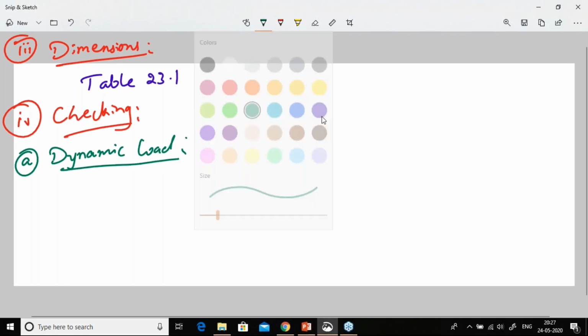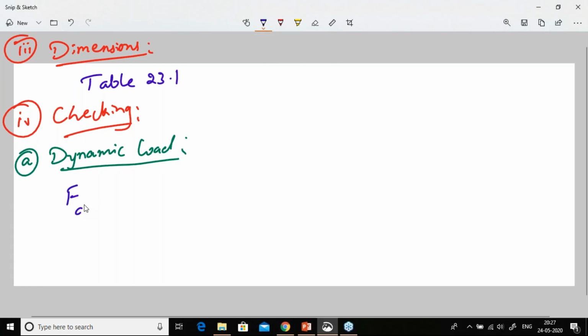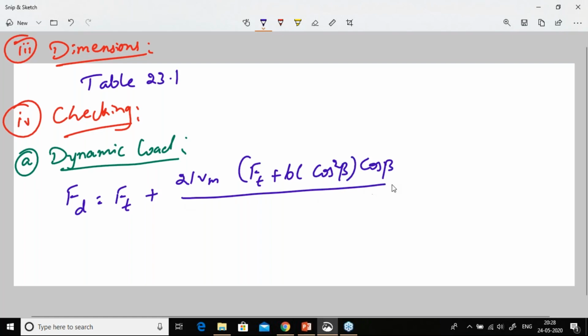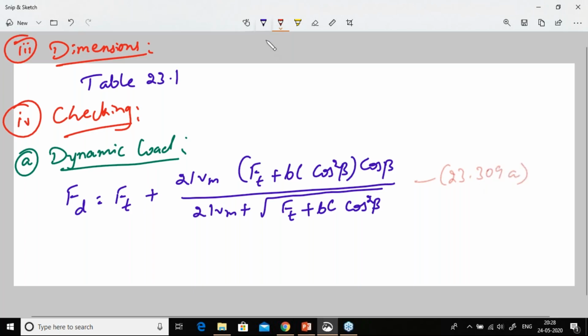We have the equation for dynamic load, that is Fd equals Ft plus 21 Vm into (Ft plus Bc cos square beta) into cos beta, divided by 21 Vm plus square root of (Ft plus Bc cos square beta). Equation number 23.309a.